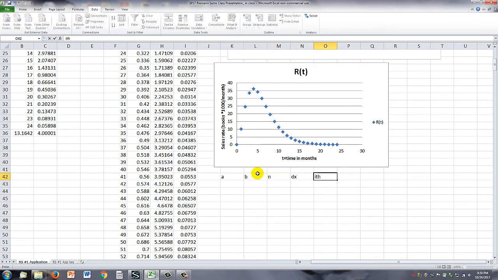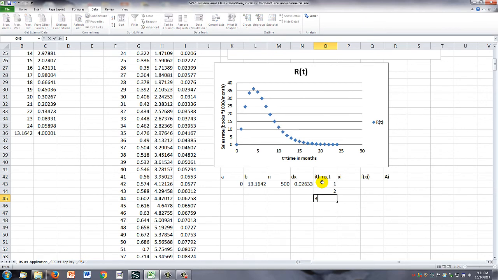You could redo, you could type it over your work from over here, but I'm not. So xi, f of xi, ai. So this time our starting month would be 0 and our ending month would be, I'm just going to click it, 13.1642, 500 rectangles. The formula is parentheses b minus a divided by n.